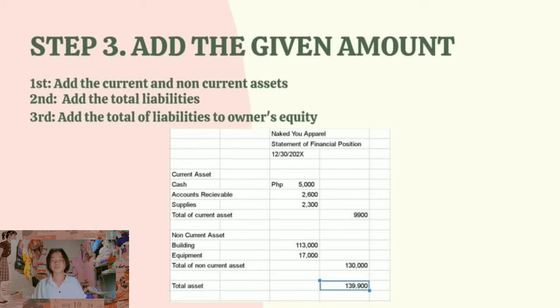Next po nun ay yung non-current assets, which is yung building na 113,000 plus yung equipment na 17,000. Total of non-current assets na 130,000. Then, ipagpa-plus yung current assets na 9,900 sa non-current asset na 130,000. Equivalent of 139,900 na po yung total assets natin.